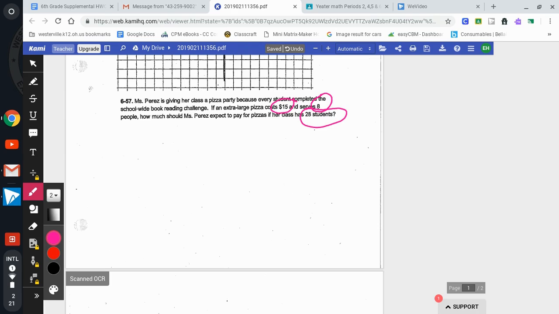So again, how many pizzas is she going to have to buy to feed 28 students, and how much will that cost? Because it's asking for expect to pay. Make sure that one, you have enough pizzas for 28 students, and that you multiply how many pizzas you buy by 15 to give us the expected cost.